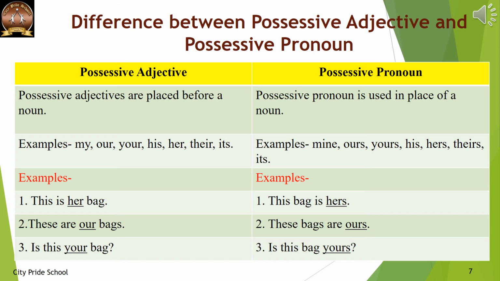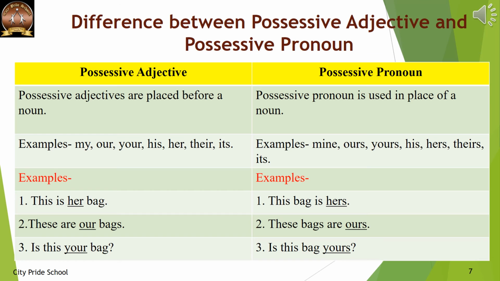Examples for possessive pronouns. This bag is hers. So now in this, the possessive pronoun is hers. So at the end, hers, you have s. And before these possessive pronouns, you have a verb, and the verb is. These bags are ours.